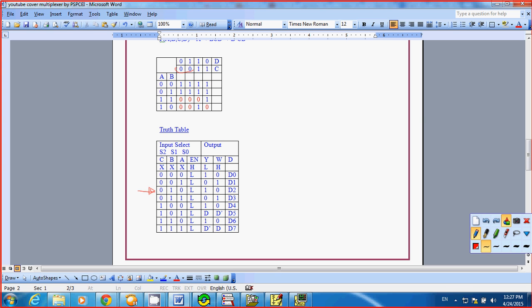So this is 0, 1, 0 here because you talk about CBA, right? 0, 1, 0. You do the same thing. Just come down here. You have our output to be 1, so that's why I put 1 here. Okay. Alright, you probably get some idea about how to draw the truth table, but let's take a look at this one here. D.